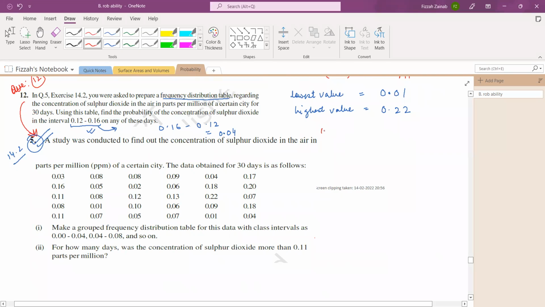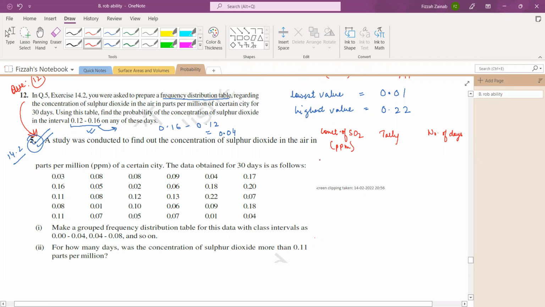You will create a table with concentration of SO2 in parts per million, ppm, then you will make your tally and then number of days. Now make your groups.